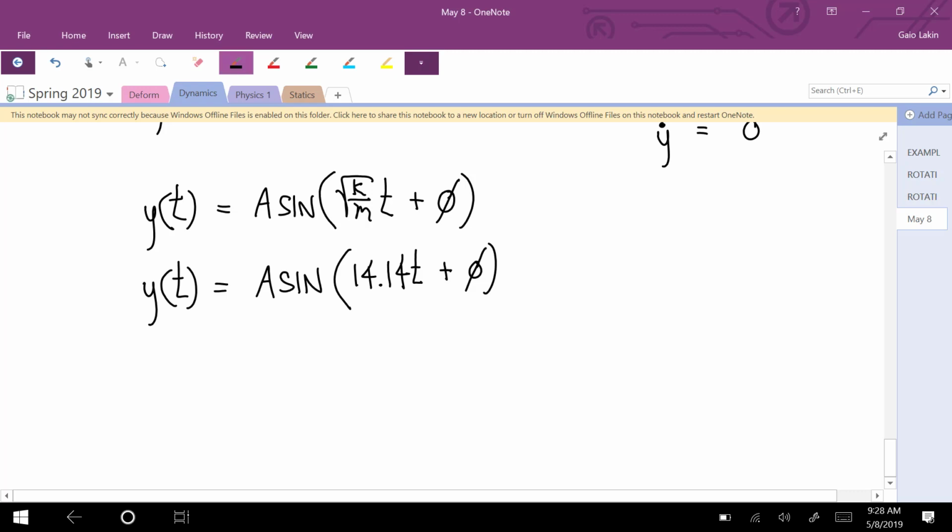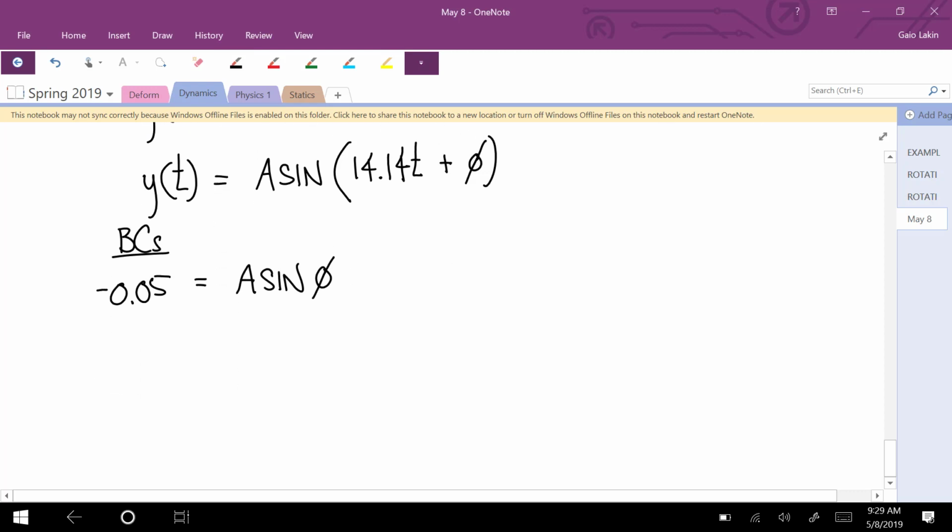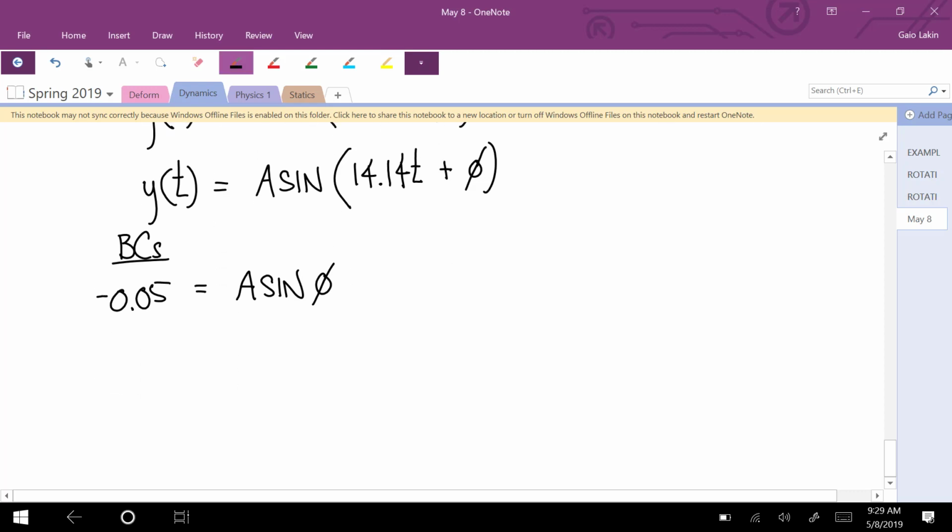So at time equals 0, y is equal to negative 0.05. So that's one equation.